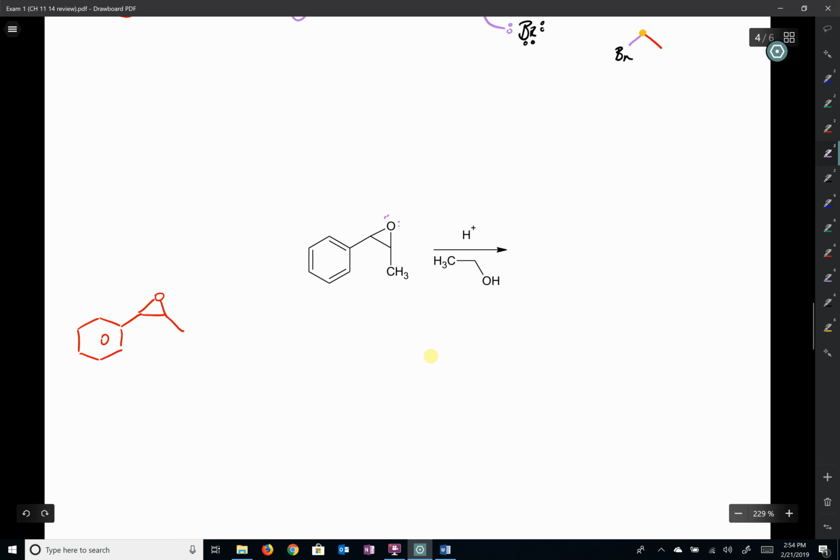So first step, let's grab that hydrogen. All right, there it is. Now remember, if we're doing acid catalyzed ring opening of an epoxide, we're going to undergo what we call the SN1-like condition, where, let me put parentheses around here, basically what's happening is the oxygen is pulling to one side and leaving behind the positive charge.